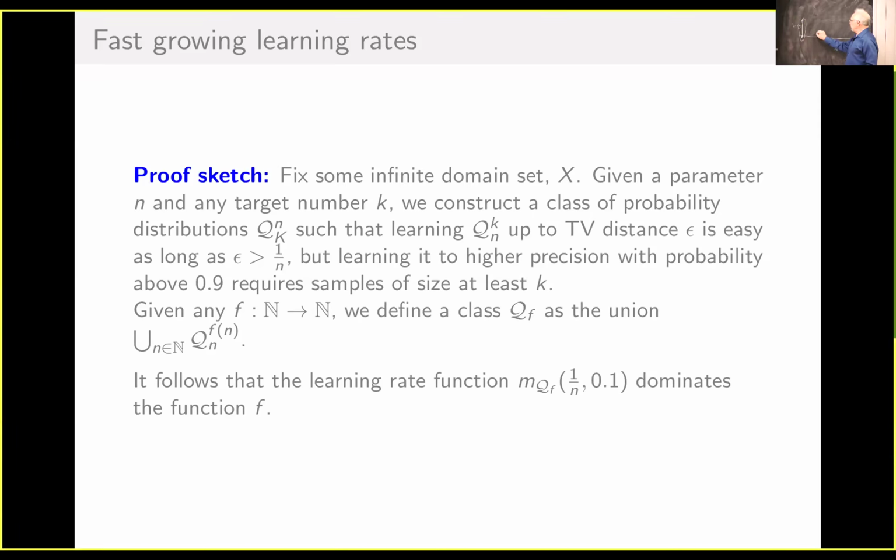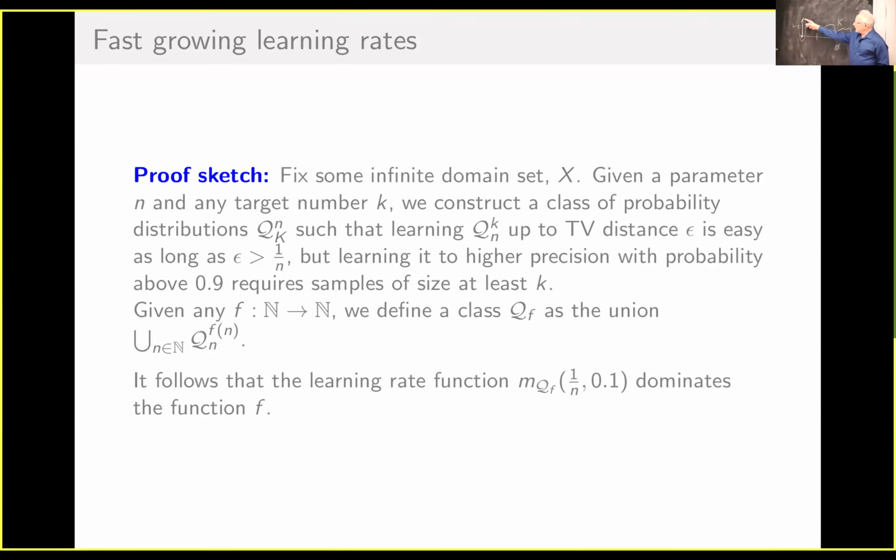I can take a big set of some big size k, doesn't matter, and play the lottery game. Here my class will have all possible uniform distributions over a subset of it.